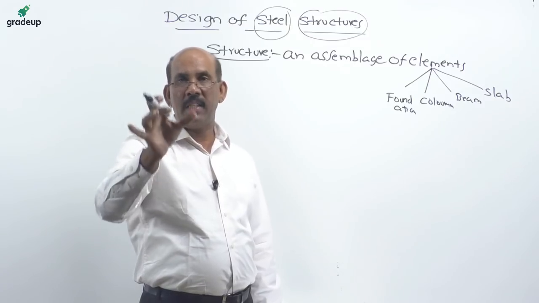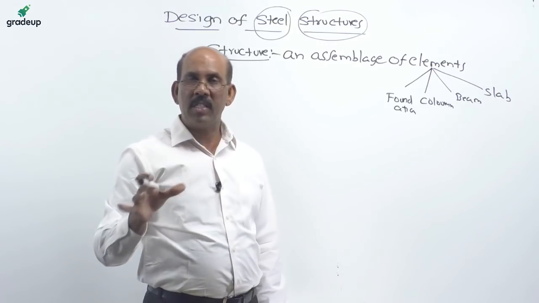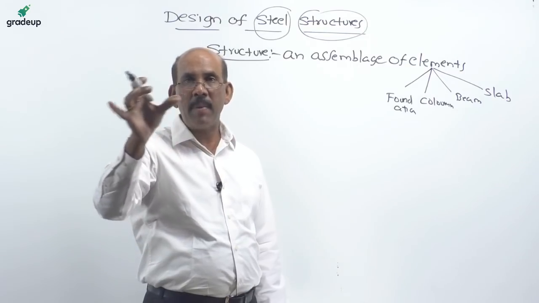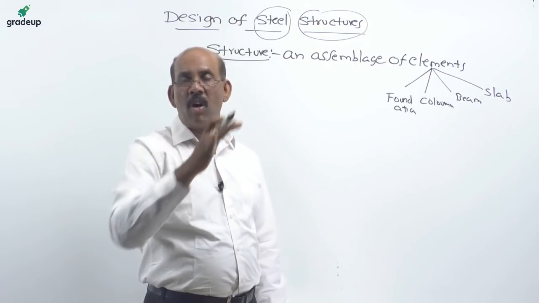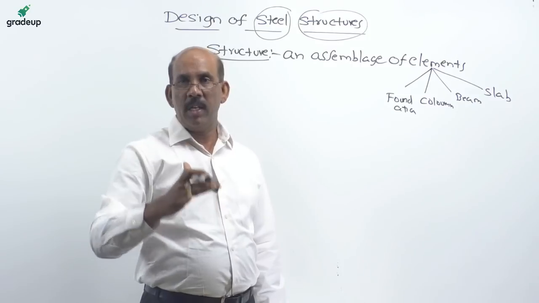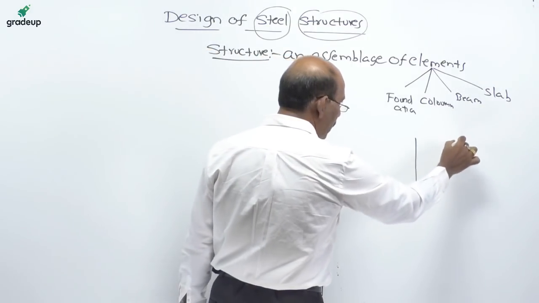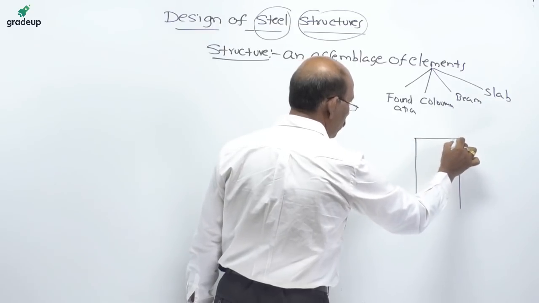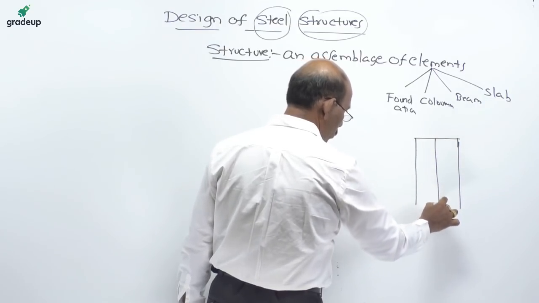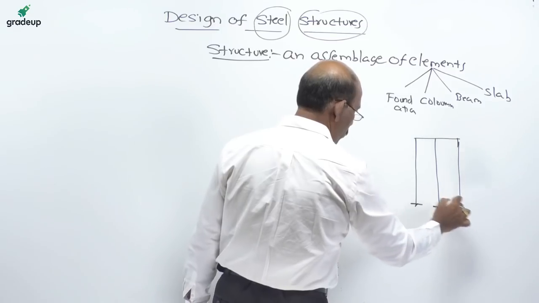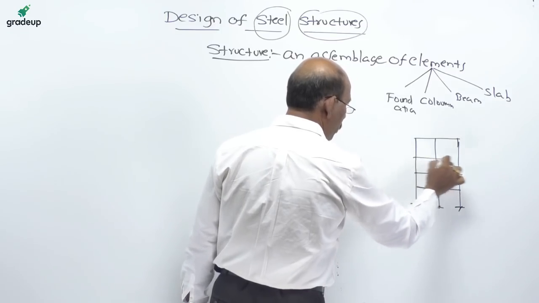Now in case of a structure, all these elements are to be properly proportioned according to their size, and in case of steel structures they are ready-made elements, not like concrete, the monolithic structure. So, coming to this structural elements, we have a structure like this with a number of floors.